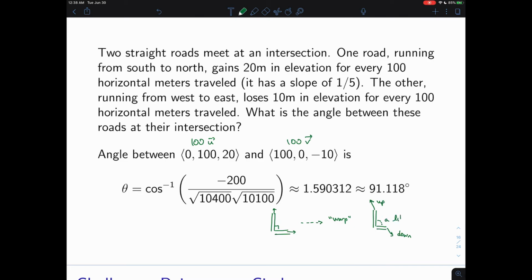So it would be a little wider, a little more than 90 degrees. So that answer of more than 90 degrees kind of fits with the setup. It makes sense.